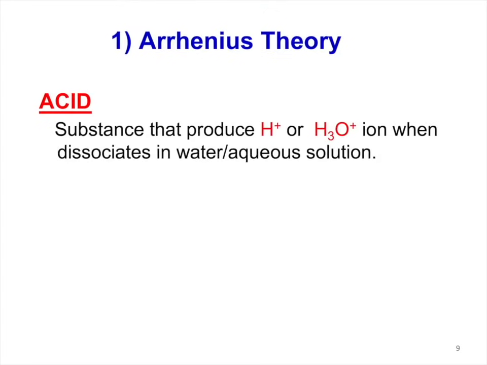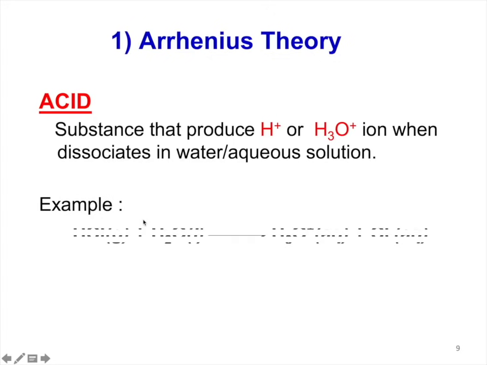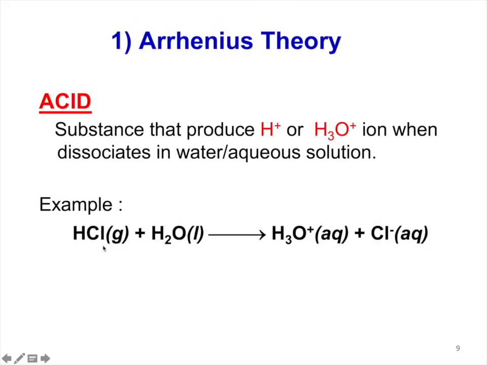Okay, according to Arrhenius Theory, acid is a substance that produces H+ or H3O+ ion when dissociates in water or aqueous solution. For example, when hydrochloric acid dissociates in water, the product formed is H3O+ Cl-.